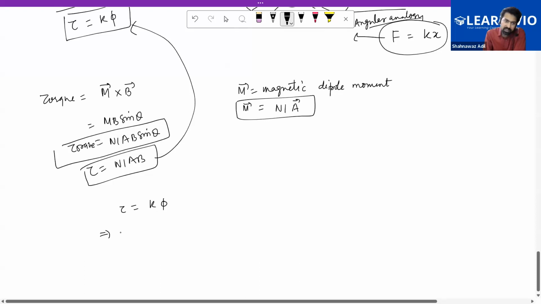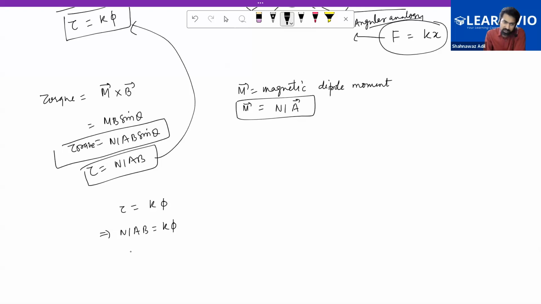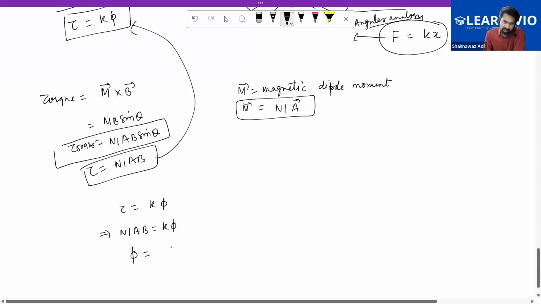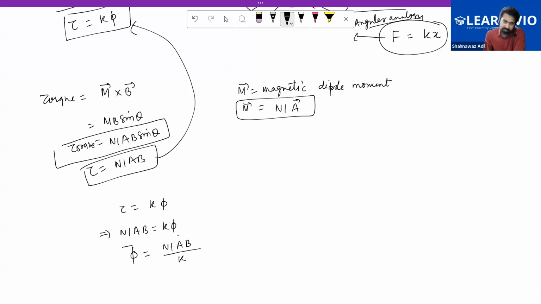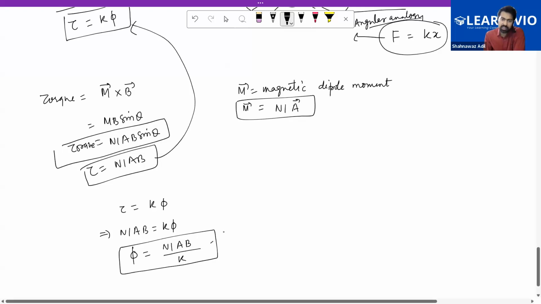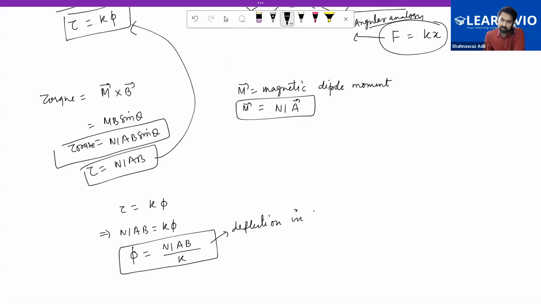So we can write NIAB equals K phi, and we can calculate the deflection phi as NIAB by K. So this is the deflection in the galvanometer.